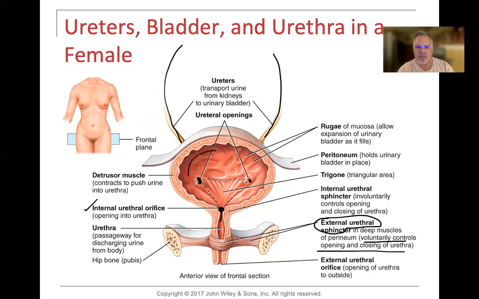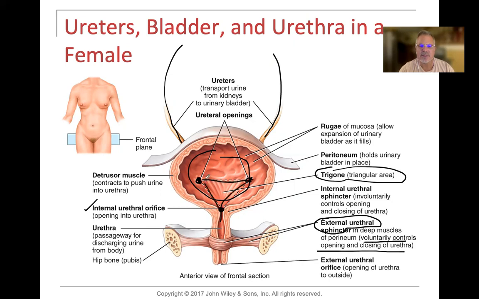Urine is stored here in the urinary bladder. By the way, this region of those 3 points, the 2 ureteral openings plus the internal urethral opening, they call that the trigone right here, because it makes up a triangular region.